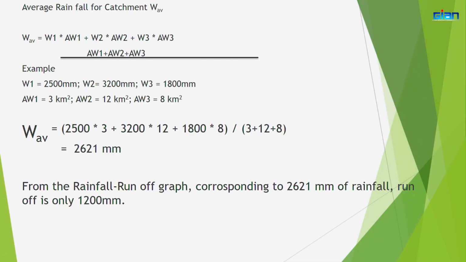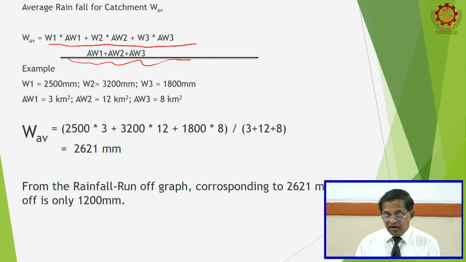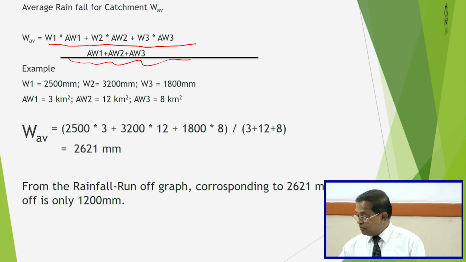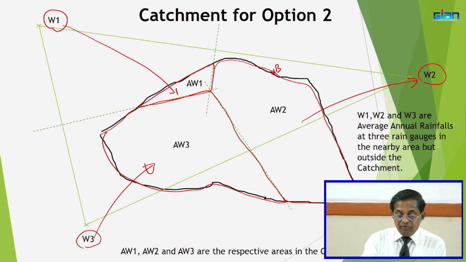Now, I have got the information. This line is wrong, this line should come here. I have got the information that you know at weather station 1 rainfall is W1 meters per year.